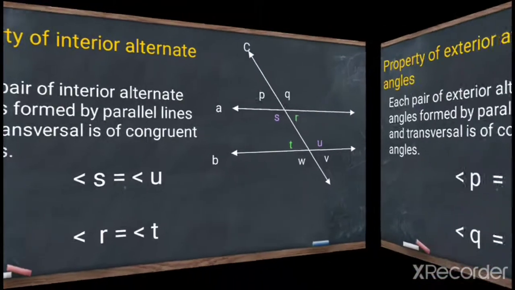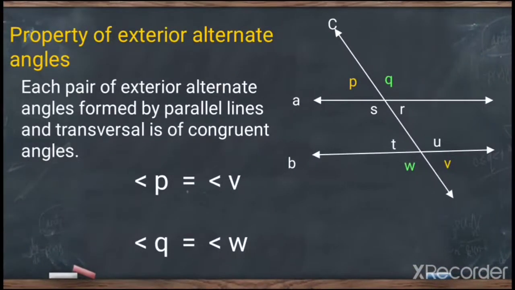Let's see the next one. Property of exterior alternate angles. Here, this angle P is congruent with R. Both are opposite angles. Again, this R is congruent with angle V, corresponding angles.